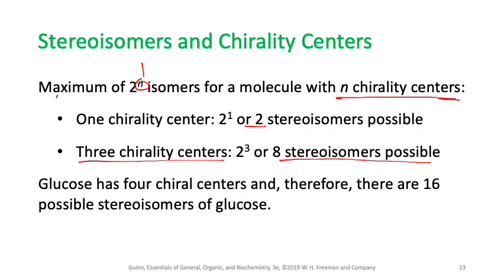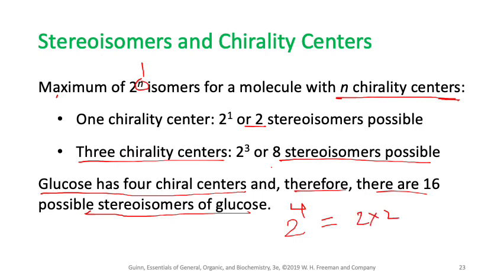By combining all possible isomers, we can have 8. Glucose has 4 chiral centers, and therefore there are 16 possible stereoisomers of glucose. 2 to the power 4 is 2 times 2 times 2 times 2, which is 16. So 16 stereoisomers are possible. So make sure you remember the formula 2 raised to the power n.